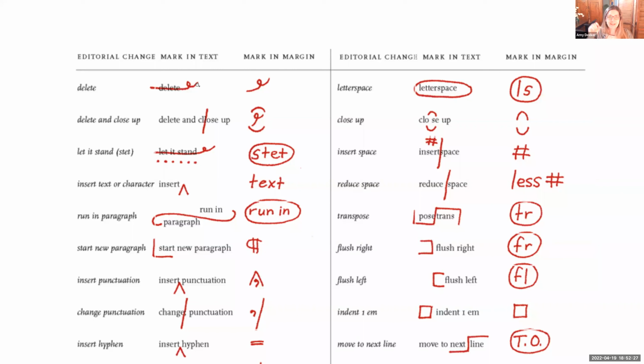Now, sometimes we get going and we realize, and this is more on a hard copy, we're going to be working on a digital board, so it'll be very easy to delete a mark if we want to. But a lot of times you're doing this in a pen on a piece of paper. And in that case, you might have deleted something and then you're like, oh, wait, I didn't mean to do that.